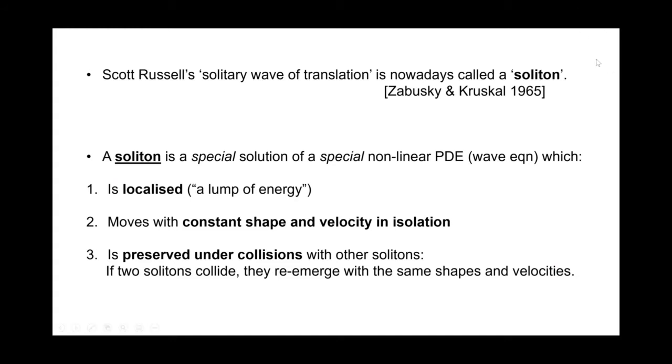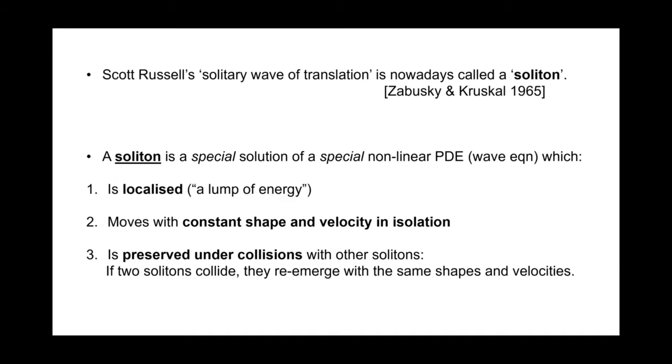And since the suffix "on" is normally reserved for particles like the electron, the photon, or the Higgs boson, Zabusky and Kruskal coined the word soliton. So that's property 1. The soliton has to be a localized solution of the wave equation.